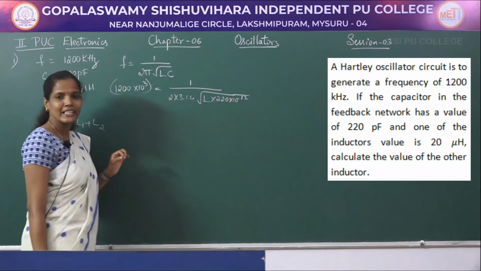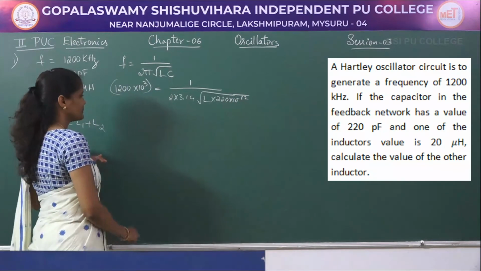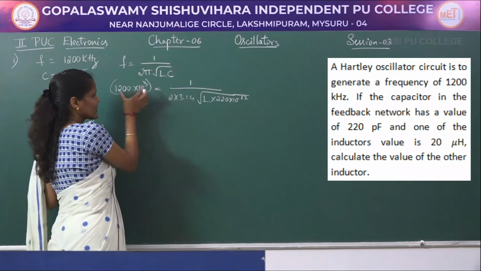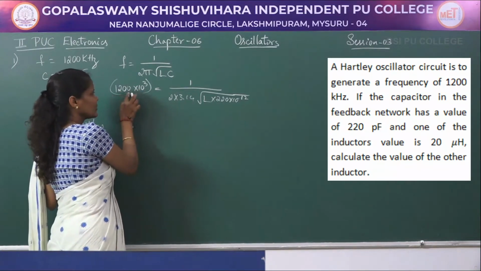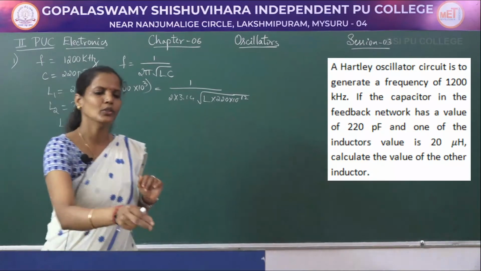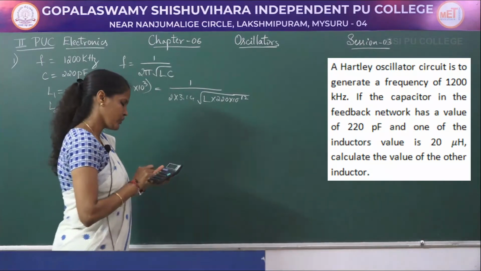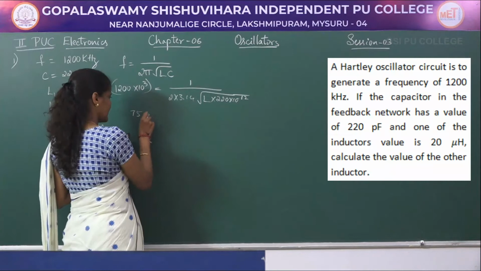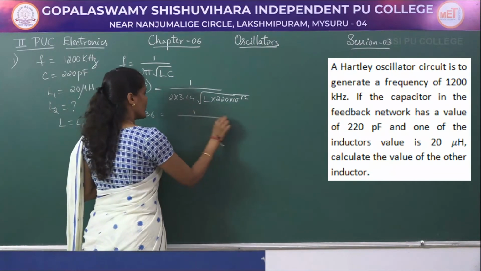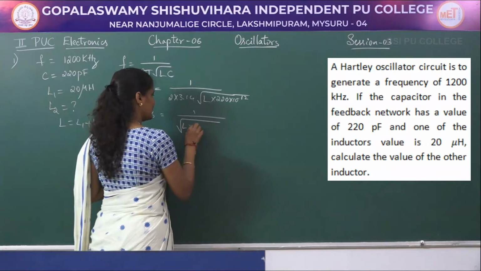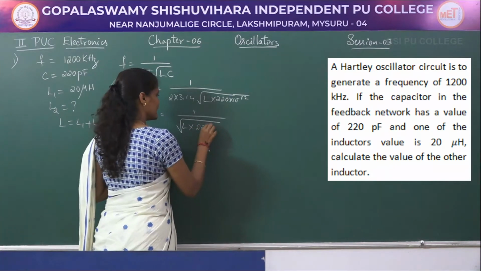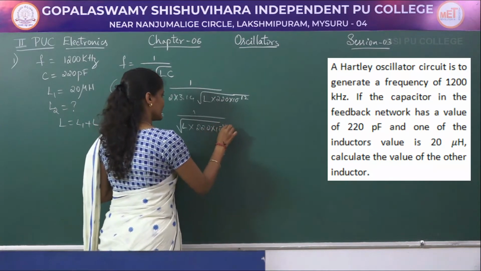Pico stands for 10 to the power of minus 12. So now we will just cross multiply: 1200 into 2 into 3.14 gives me 7536, which is equal to 1 divided by root of L into 220 into 10 to the power of minus 12.